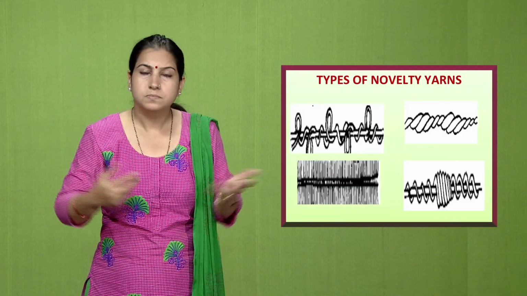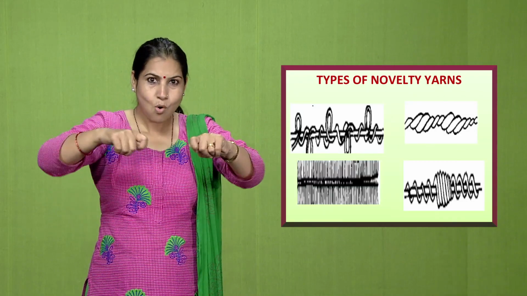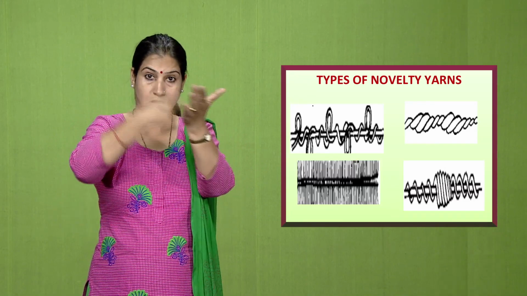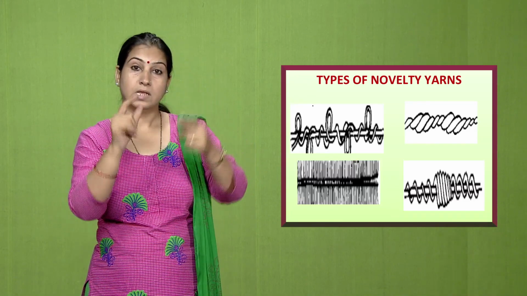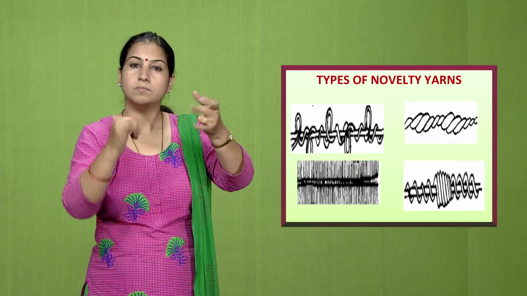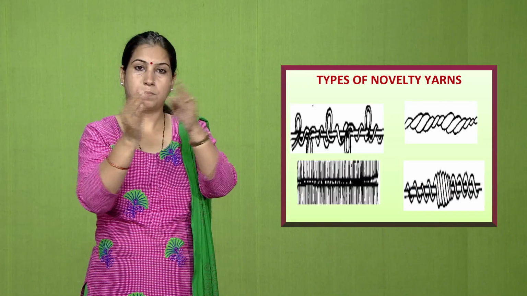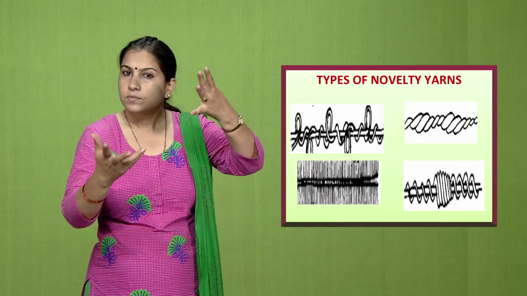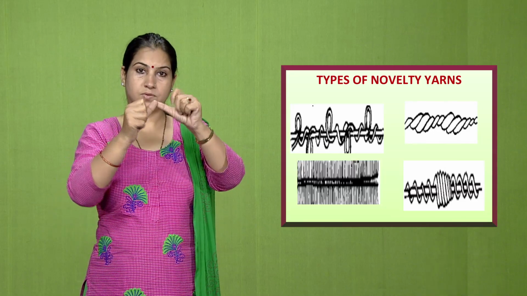That is knotted yarn. Second is loop yarn. Third is slub yarn. Fourth is feather yarn.